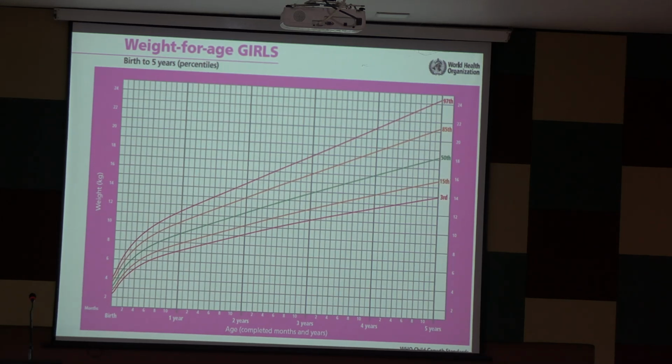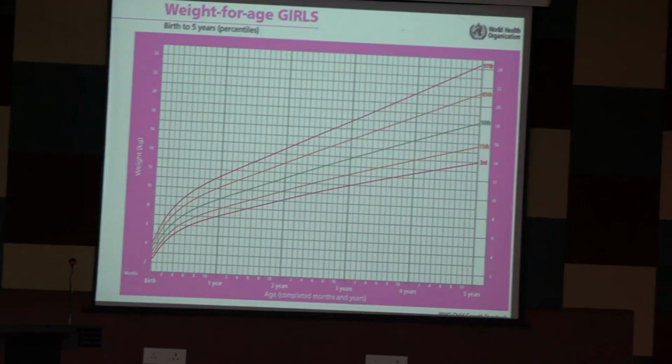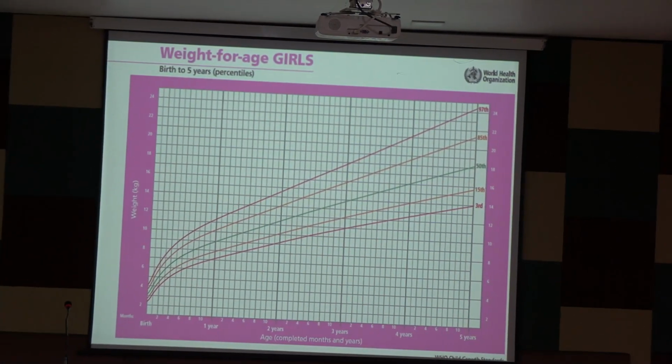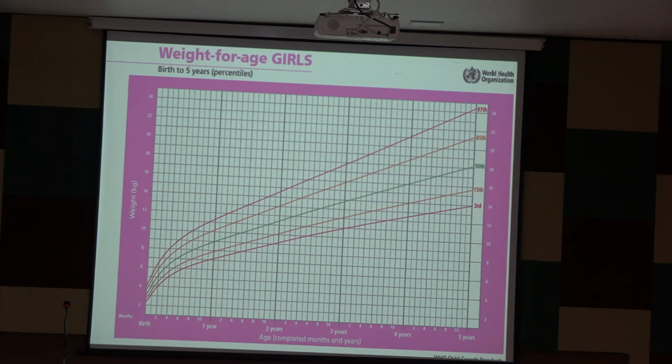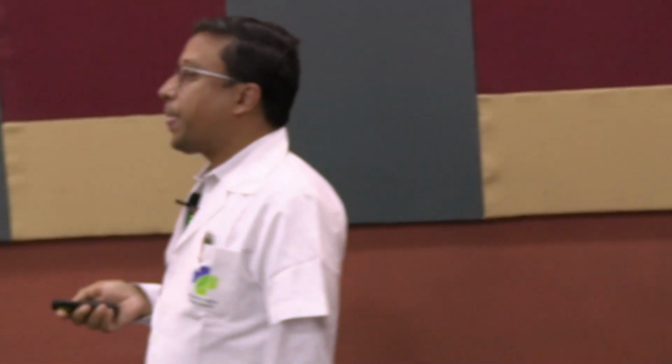X-axis is for age and y-axis denotes weight. There are many lines, which represent the percentile lines. Lowermost is 3rd percentile and uppermost is 97th percentile. If the child's weight falls below the 3rd percentile or above the 97th percentile, it denotes some pathological condition, an abnormality.